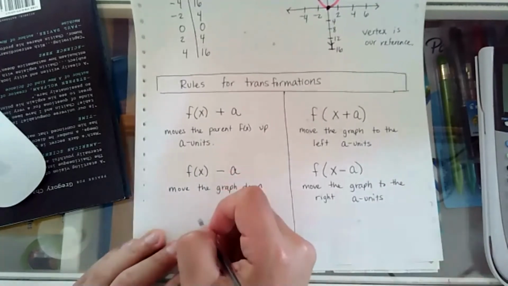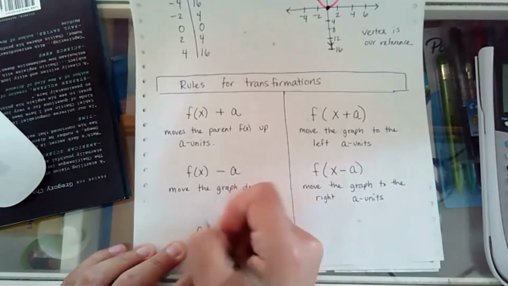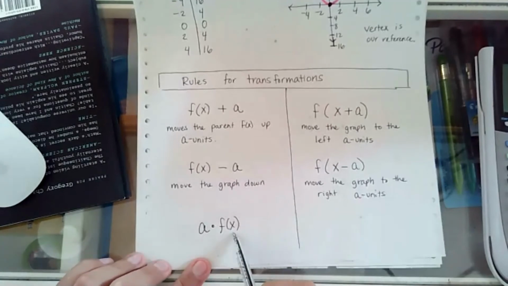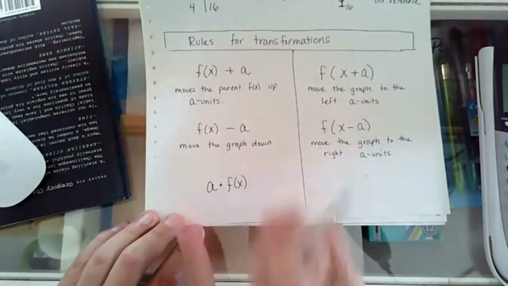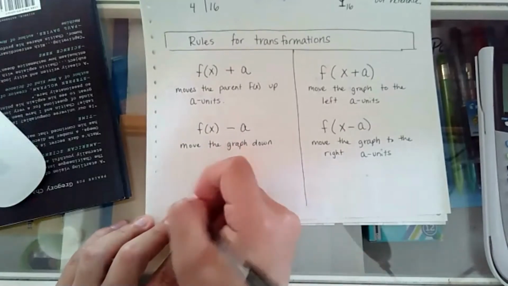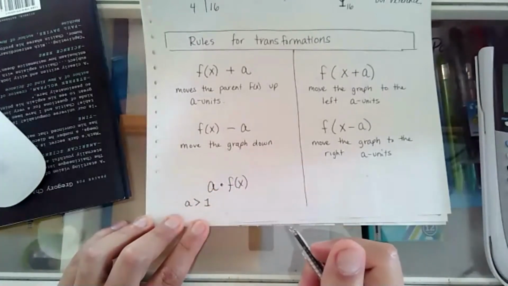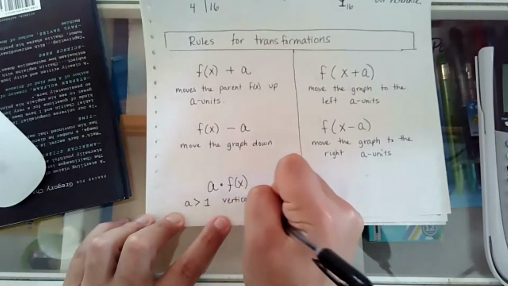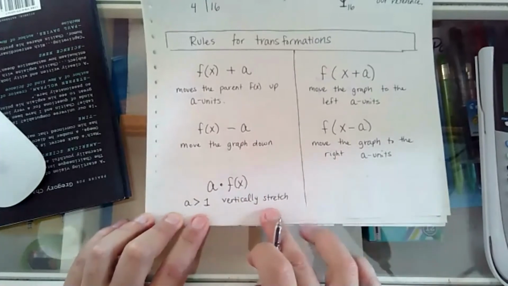Okay. Another thing we could do is multiply the output. So I could multiply the output by some number. So a times the output. And what that does is two things depending on the value of a. So if the value of a is greater than 1, we're going to vertically stretch the function and its graph.